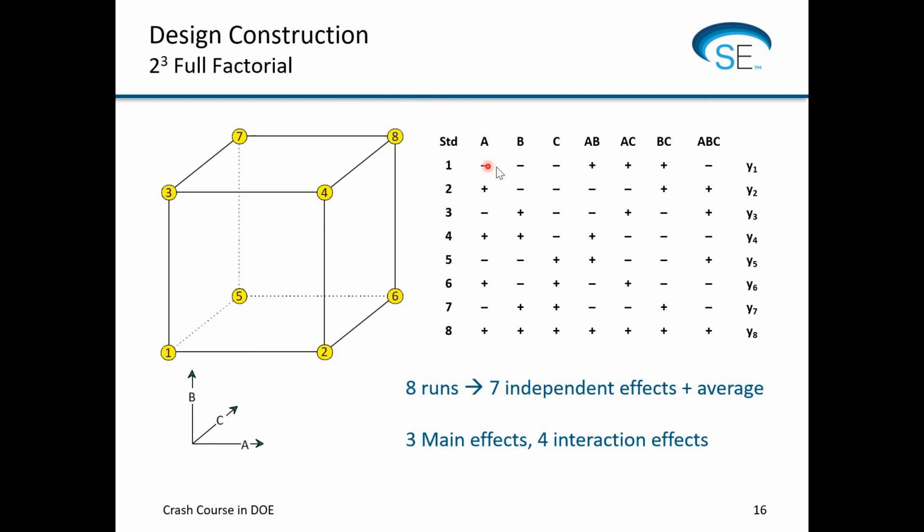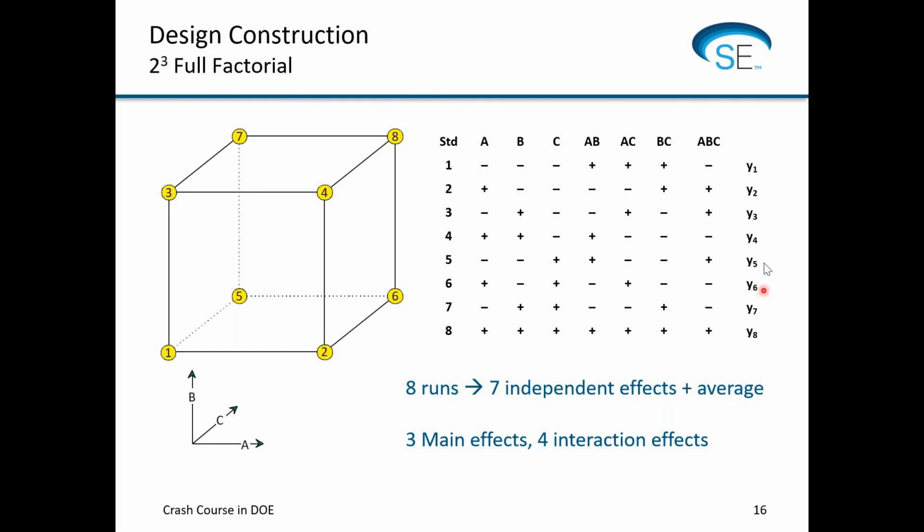So the first run is minus, minus, minus. That's in the bottom left-hand corner where everything's set at its low value. And then number 8 is plus, plus, plus. So everything is set up here at its highest level. And then you have all the various combinations described by the three-letter plus-minus patterns, and that's where you get the unique runs here.